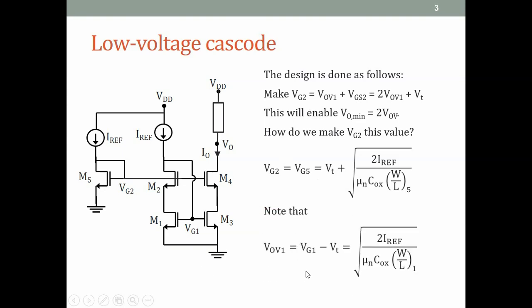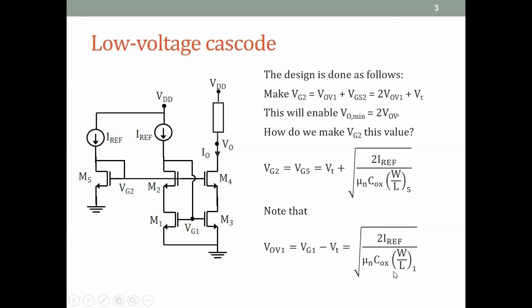Also note that VOV1, which is the overdrive of M1, is equal to VG1 minus VT, which is equal to the same thing written for M1. Here we are keeping the drain currents of both these branches the same.